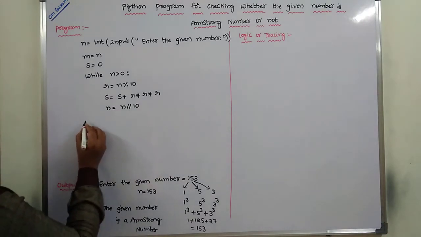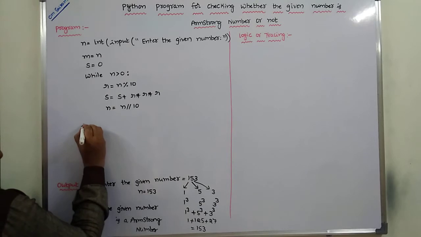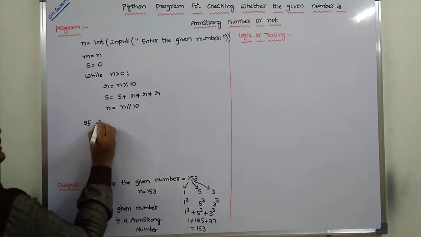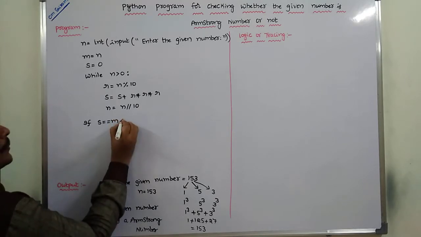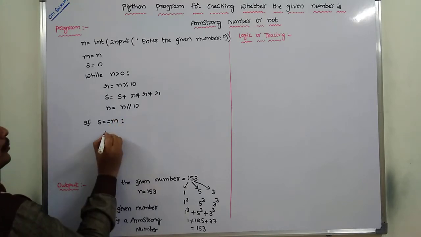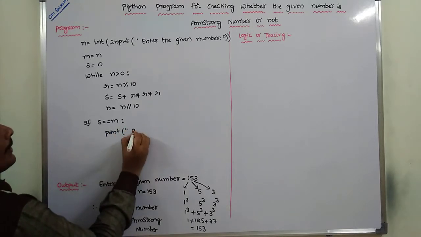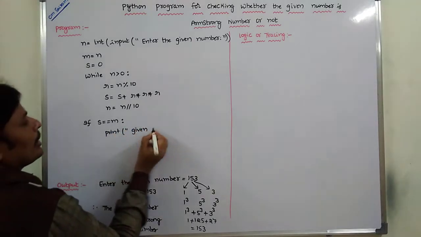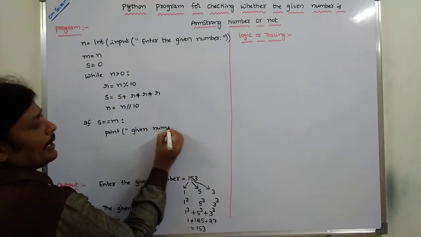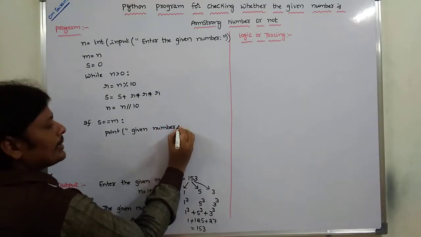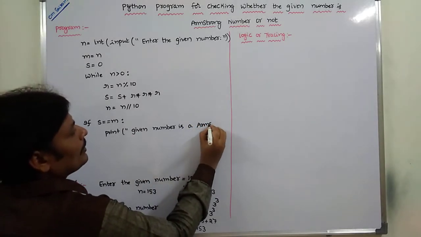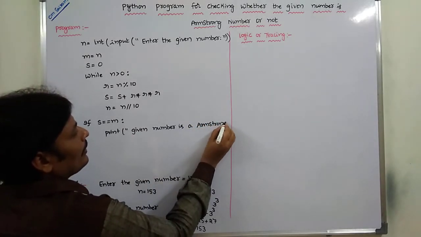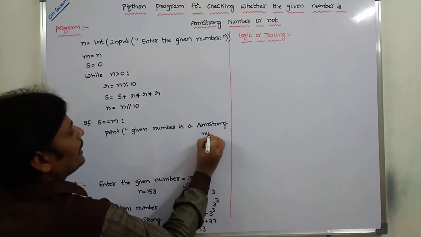Next, after that, if s is equal to m colon print "Given number is a Armstrong number".